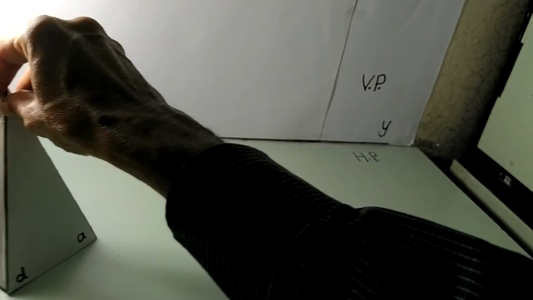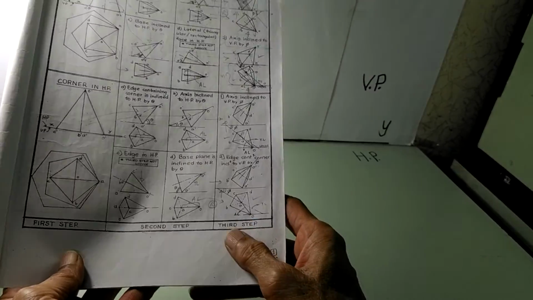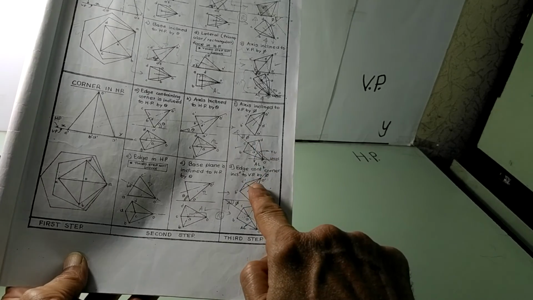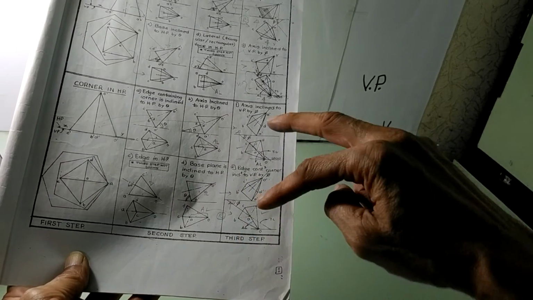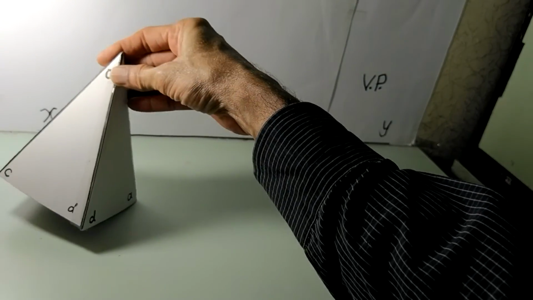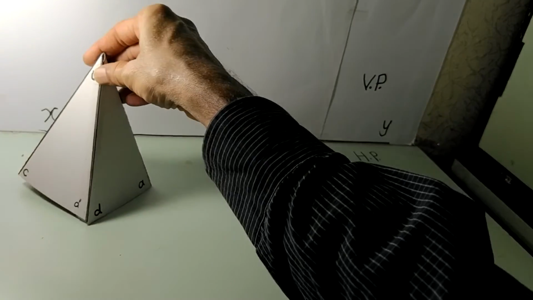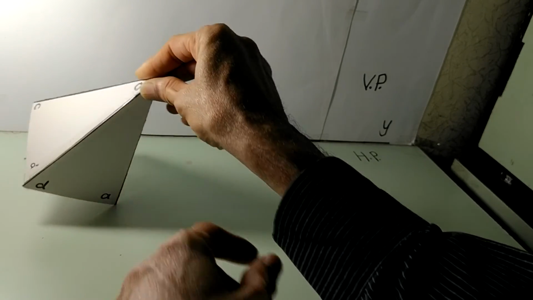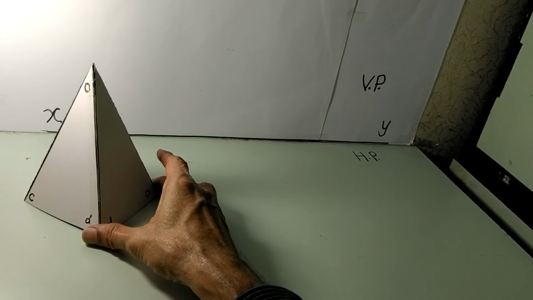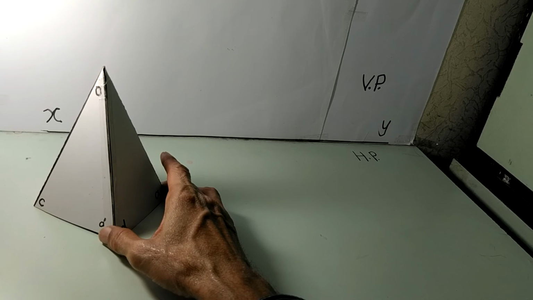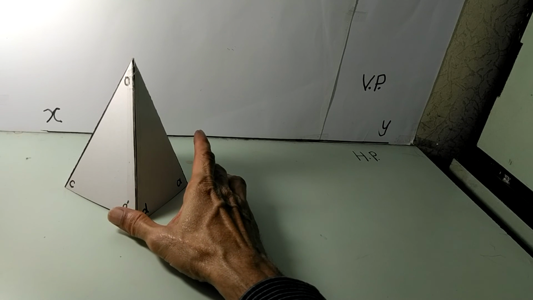So this situation we have seen here. When axis is inclined, when the edge containing corner is inclined. So these two cases are what we have just now described. One is axis is inclined, and the other is this slant edge is inclined. Okay, so this is how the actual model is, and what we already talked about is related to this particular situation.